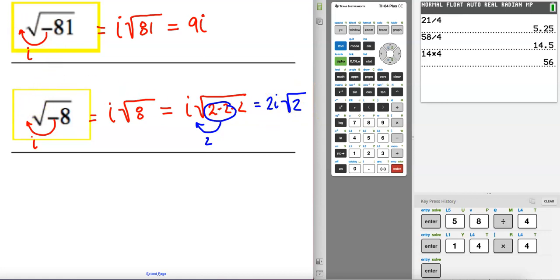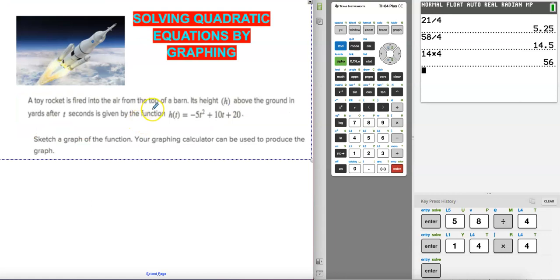Okay, so today we're getting into solving quadratic equations. First, we're going to look at solving these quadratic equations by graphing, just to give you an idea of what it means to really solve an equation. So let's start off with this word problem. It says a toy rocket is fired into the air from the top of a barn.